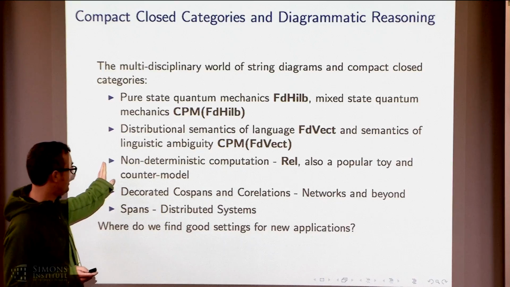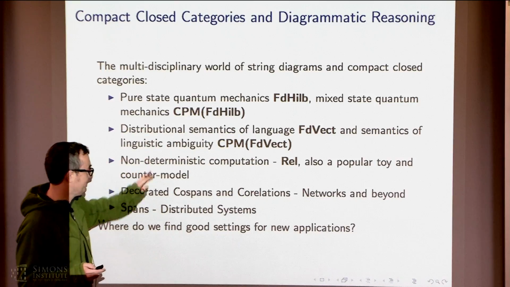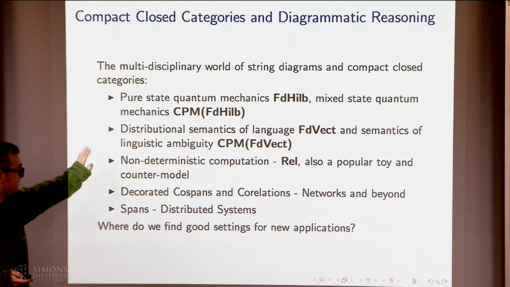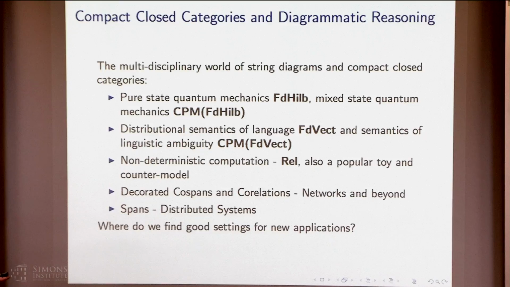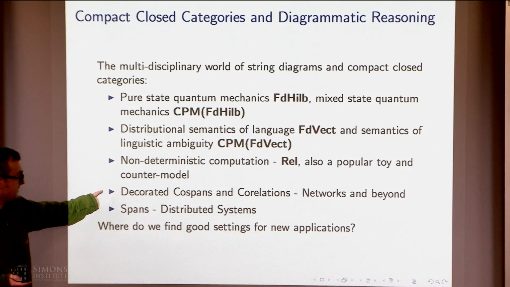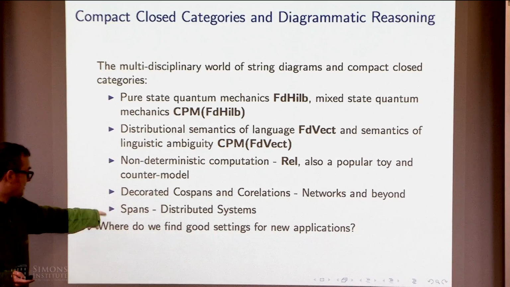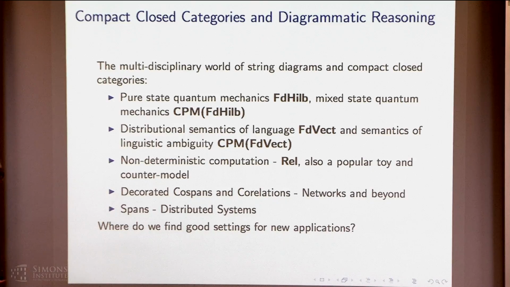Another compact closed category that's popularly used, often as a counter model or as a toy model, but also as a setting for non-deterministic computation, is REL, which is very familiar. We've just heard an awful lot about these cospans and correlations that do networks, the universe, and everything, so they're very powerful things. And spans crop up occasionally, although they're slightly less popular.